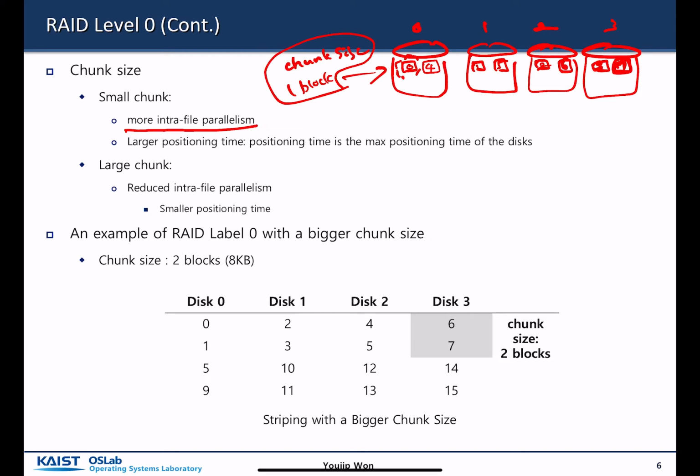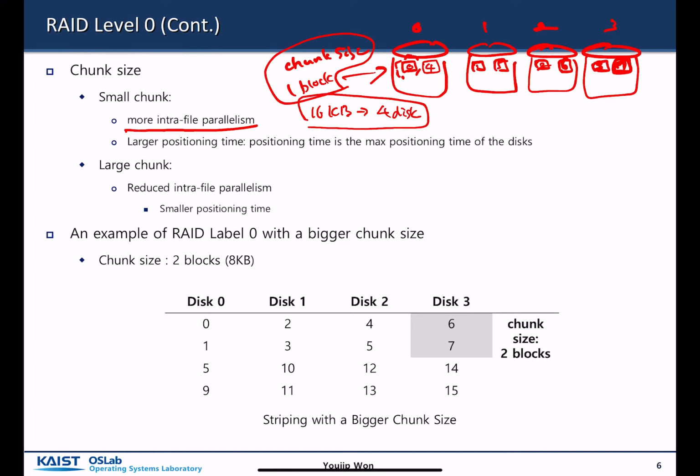Each disk has to position its head to the proper sector, introducing seek and rotation delay. So when the chunk is small, to read the same amount of data, for example 16 kilobytes, you have to read 4 disks in parallel.